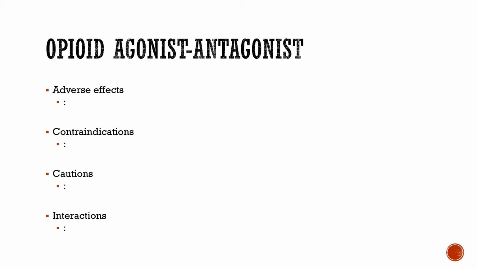Nausea, vomiting, headache, all of that's really the same as far as these go. As far as the opioids and opioid agonists, antagonists, they both have the same adverse effects for the most part. Just the true opioids, they're a little more apt to give those to you, or a little more readily.